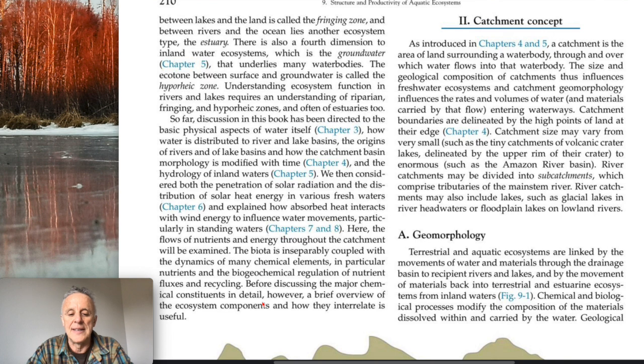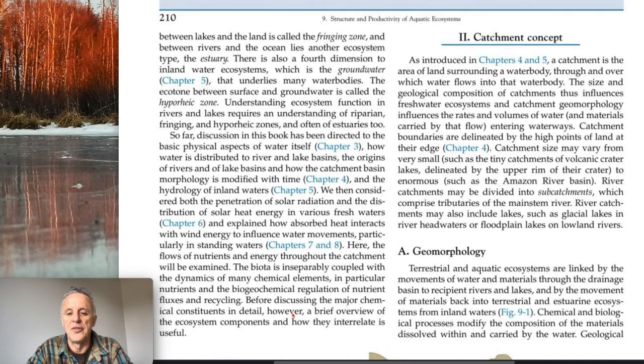The biota is inseparably coupled with the dynamics of many chemical elements, in particular nutrients and the biogeochemical regulation of nutrient fluxes and recycling. Before discussing the major chemical constituents in detail, however, a brief overview of the ecosystem components and how they interrelate is useful.